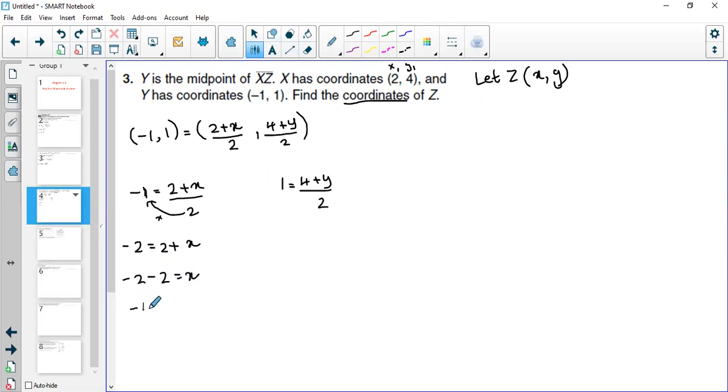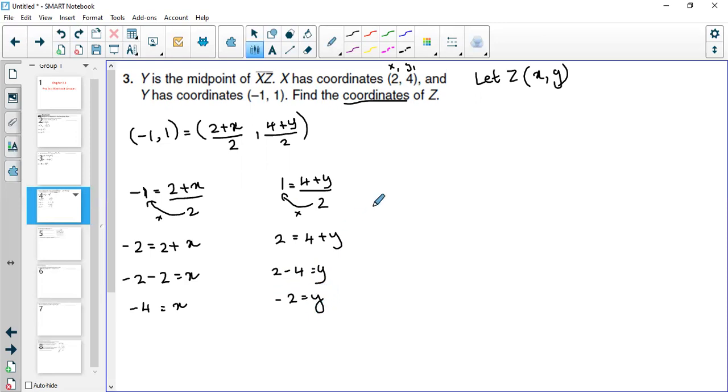So that's going to give you a negative 4 equals x. Okay, so here again I'm going to multiply this side with 2, because this is divide, and on this side it's divide, so when it moves to the other side it becomes the inverse, which is multiply. So this is going to be 2 ones are 2, 4 plus y, which means 2 minus 4 equals y. So 2 minus 4 is going to be negative 2 equals y.